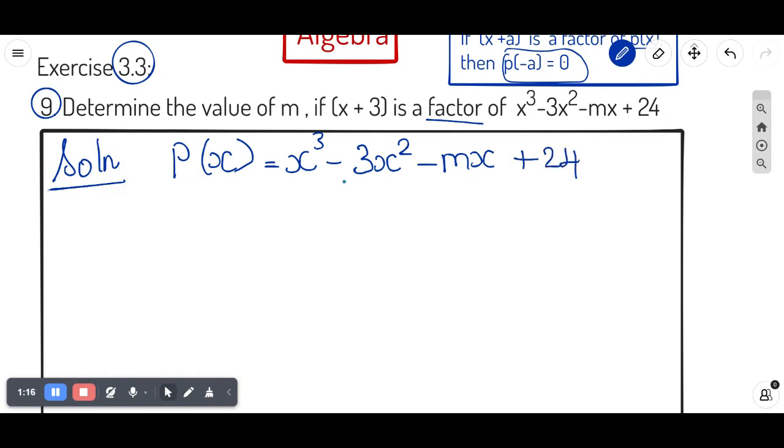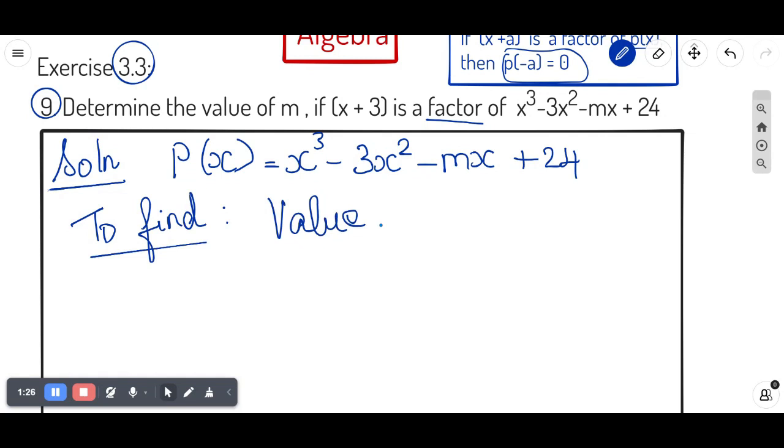So this is your p of x. And what you have to find is the value of m. So these are the things you have to infer from the question.